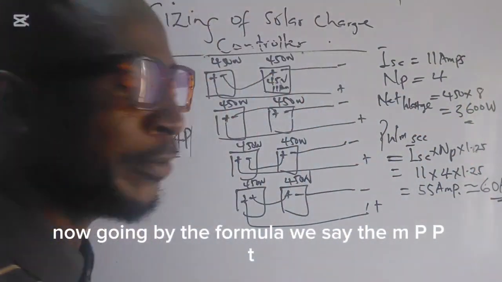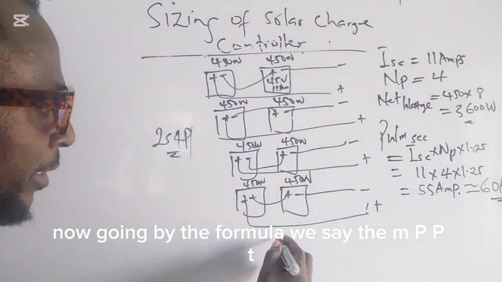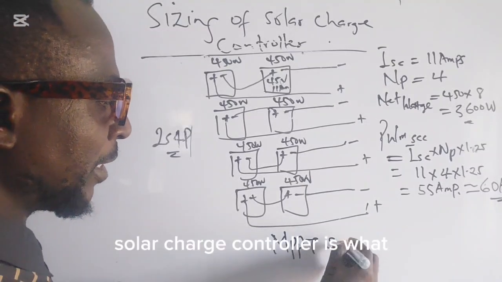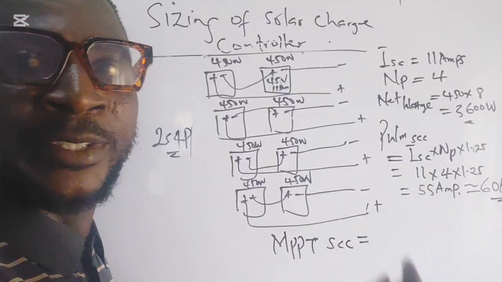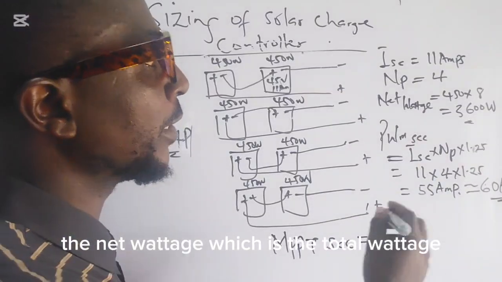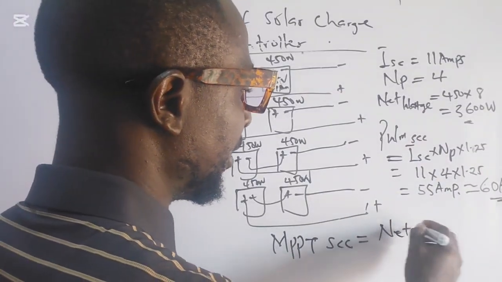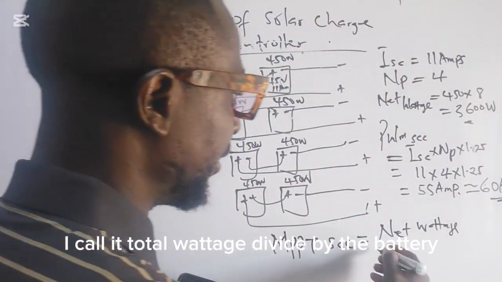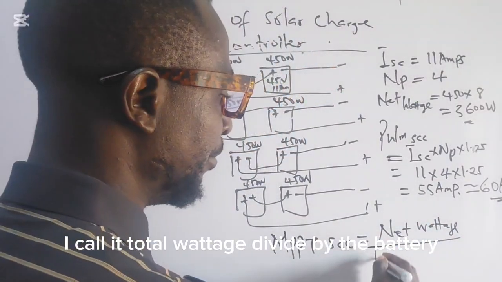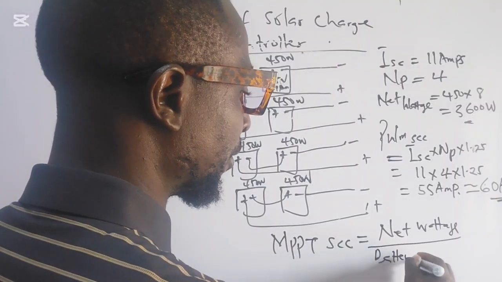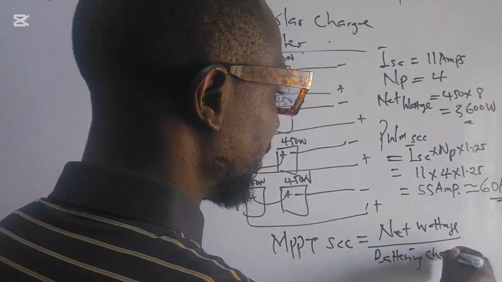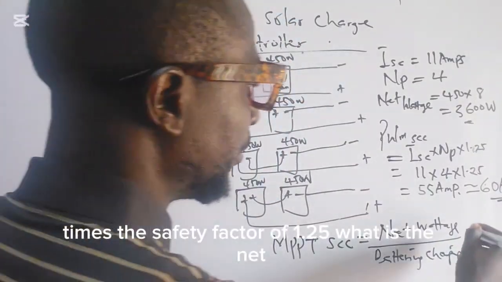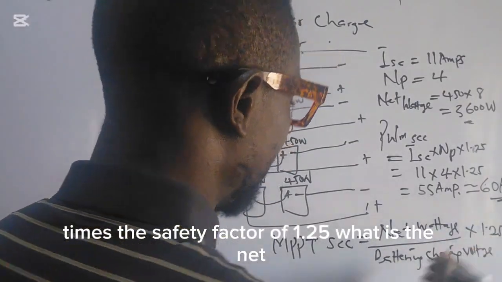Going by the formula, the MPPT solar charge controller is the net wattage, which is the total wattage, divided by the battery charging voltage, times the safety factor of 1.25.